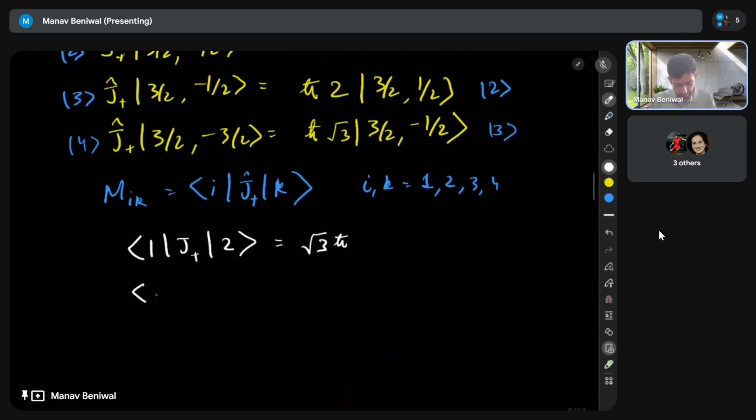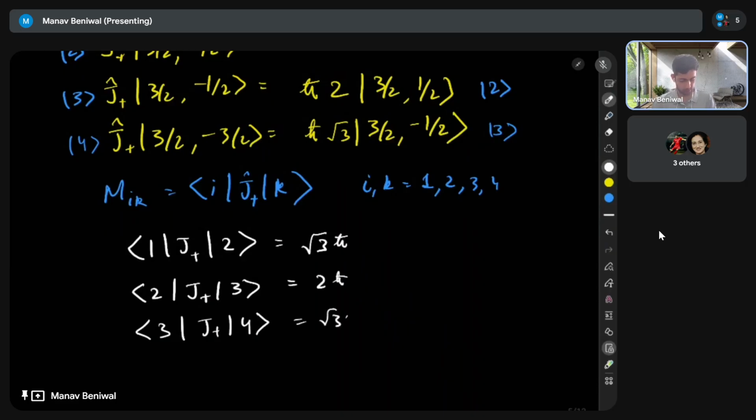And then when we have 2 here, the only non-zero term will be when we have 3 here. And similarly, when we have 3 here, the only non-zero term will be when we have 4 here. Okay, and this we know is 2 h cut, and this we know is under root 3 h cut.